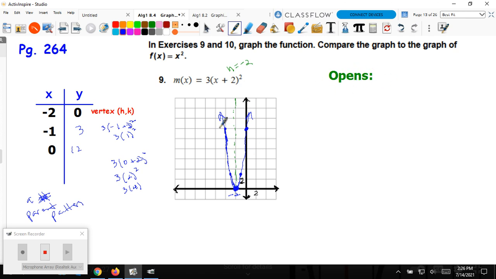We didn't obviously need to, but we could have seen that because this A number is a positive number, that is positive for A, then it's going to open up. Opens up, which means your vertex is down below. We talked about minimum and maximum. This would be a minimum value for your vertex down here at 0. So if I needed to know what the minimum was, again from yesterday, minimum would be 0 on this one.